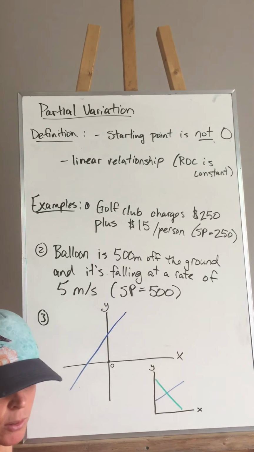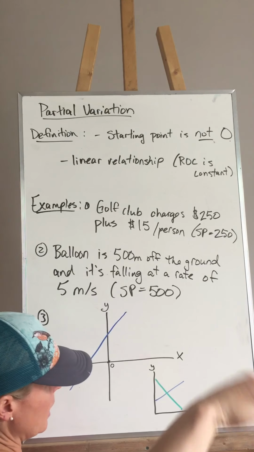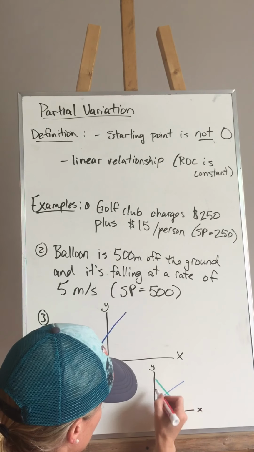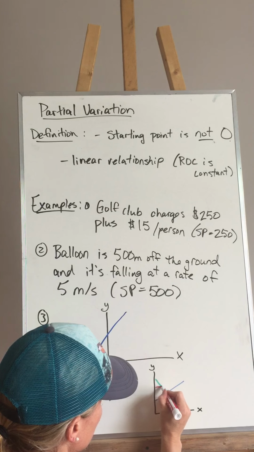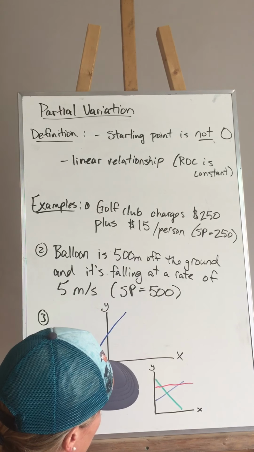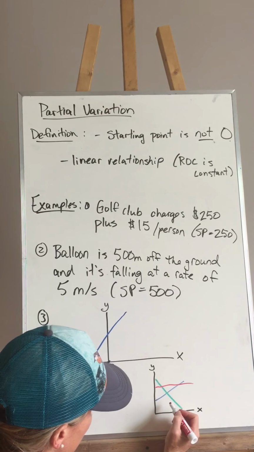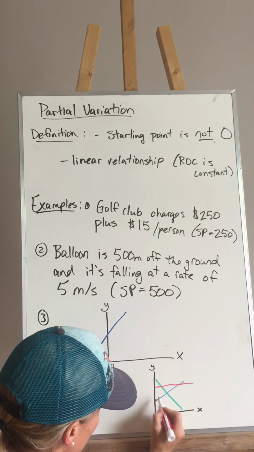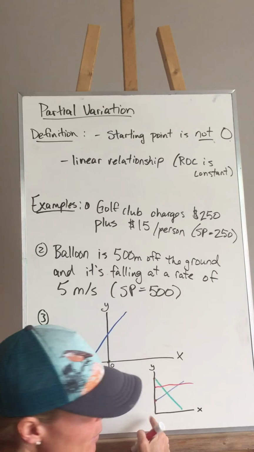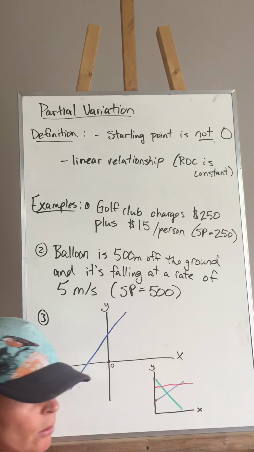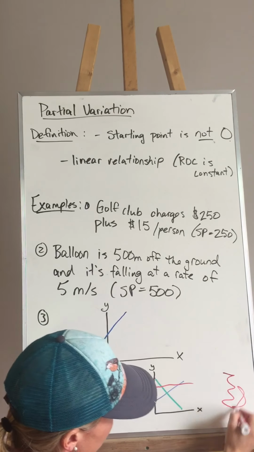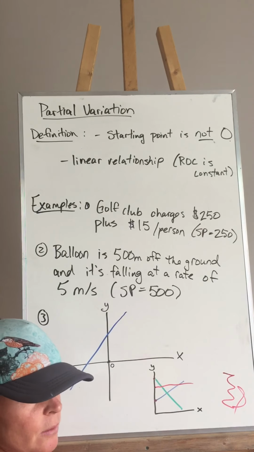And anything else. It could be a very shallow rate of change. Okay, so straight line, because it's a linear relationship, but as you can see, here's my starting point, not at the origin. Not at the origin means that it is partial variation.